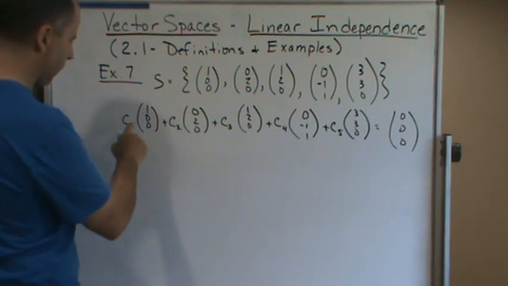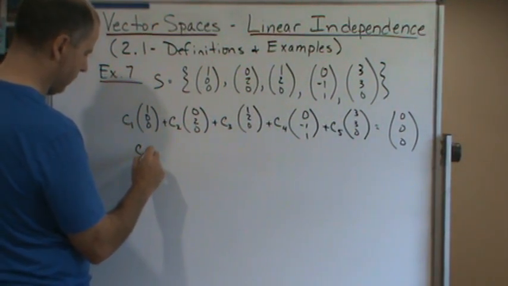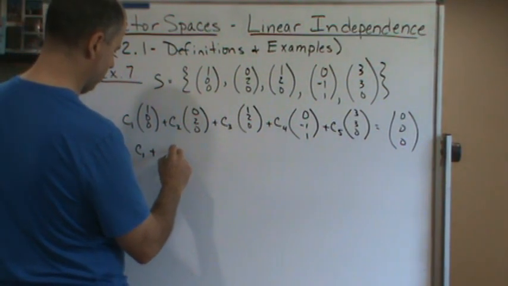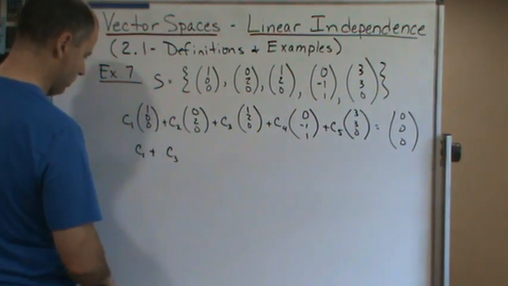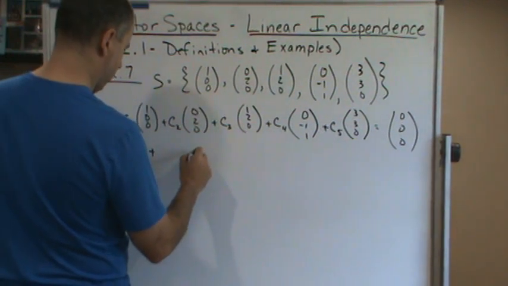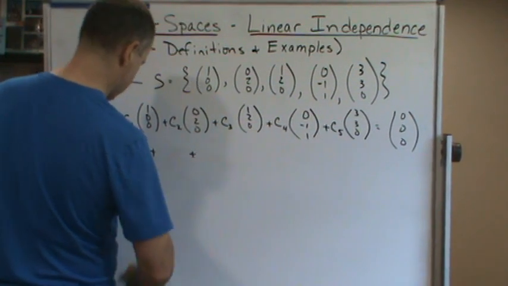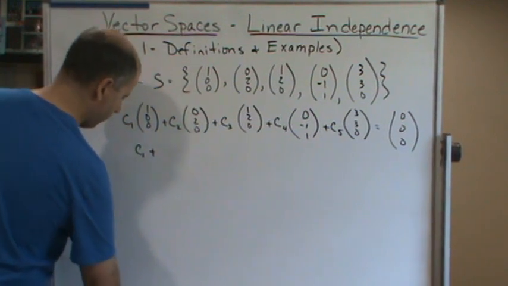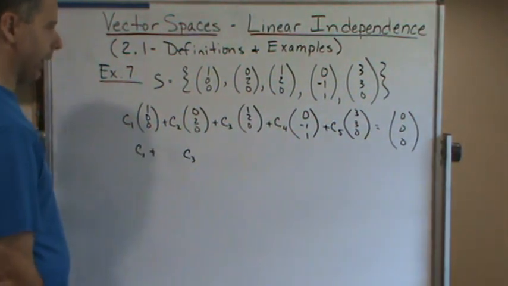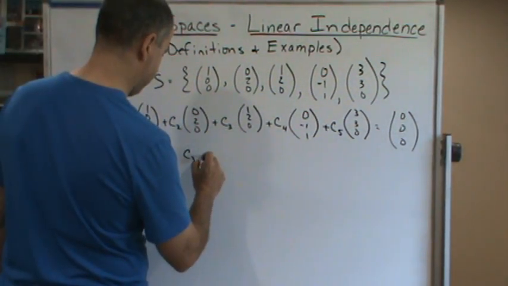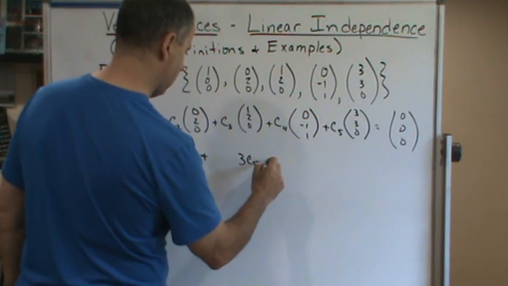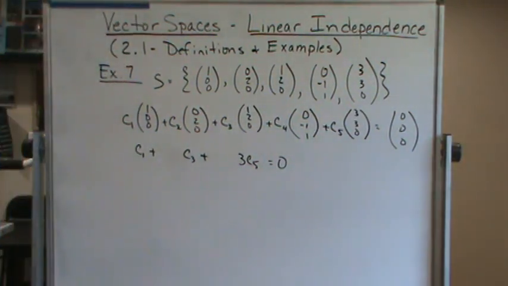Here we're going to have C1 plus C3 plus 3C5 equals 0.